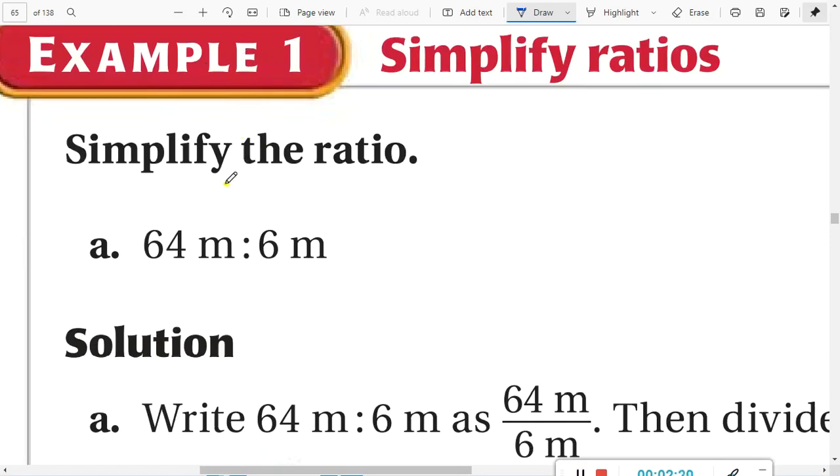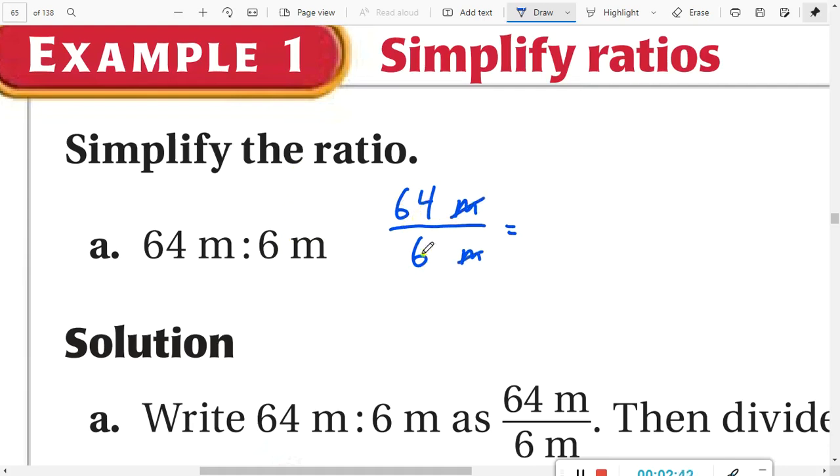Example 1, simplify the ratio, 64 meters to 6 meters. So I am going to write this in the form of a fraction. 64 meters divided by 6 meters. Meters over meters cancels.